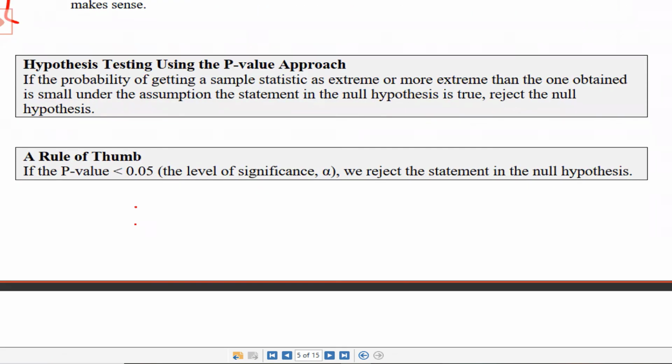The bottom line is I'm going to be giving you alphas in the homework, and your rule is going to be if the p-value is less than the level of significance alpha, you reject the statement in the null. What I often say is if the p is low, the null must go. Okay, that helps you to remember. If the p is low, the null must go.